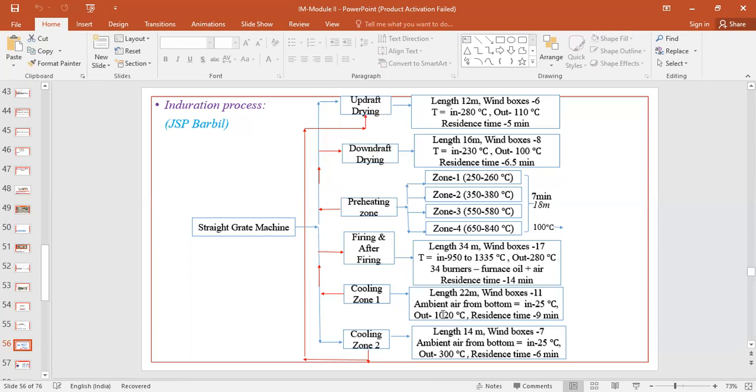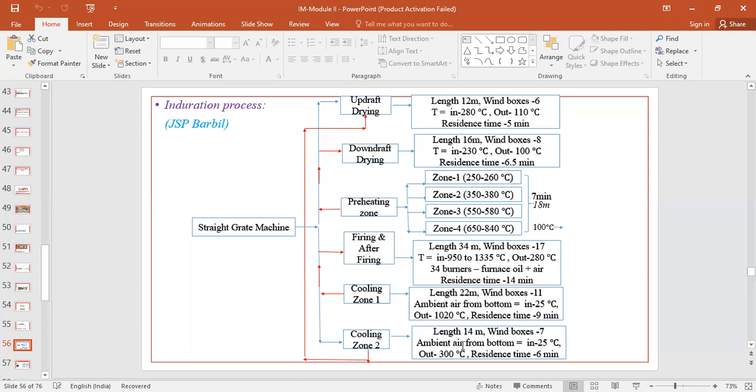That means a huge amount of heat is recovered from the pellets, and that heat is supplied to the firing and after-firing zone. Here the residence time of the pellets in this zone is around 9 minutes.